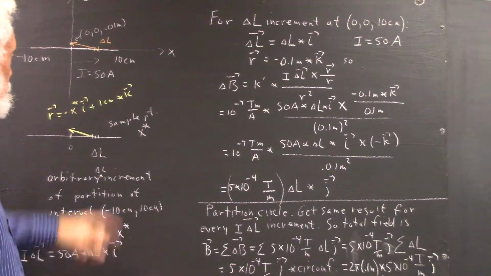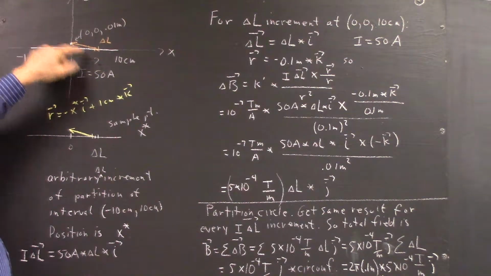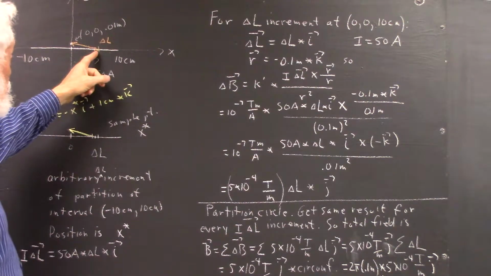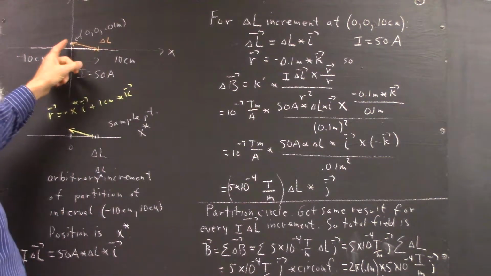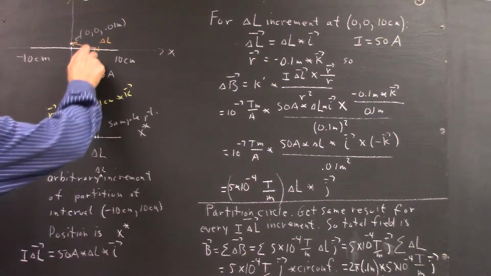And we know we're going to need, in order to find the magnetic field at this point due to the current that flows in this interval, the vector from this interval to this point. That's going to be our R vector.